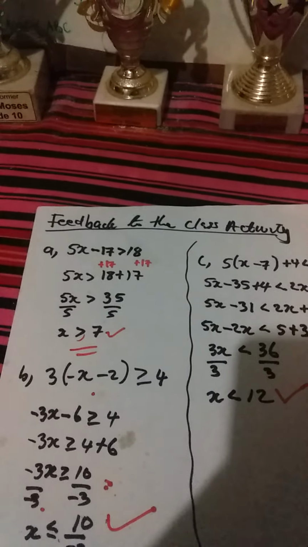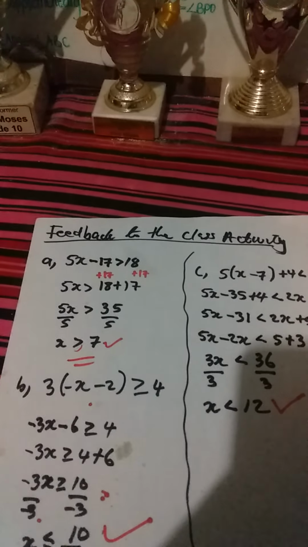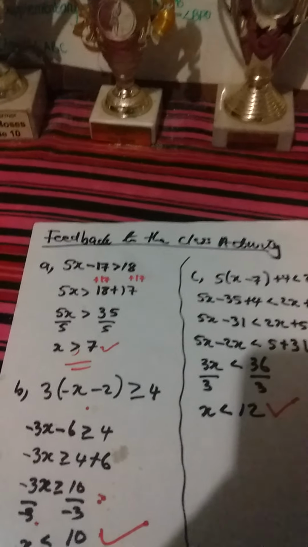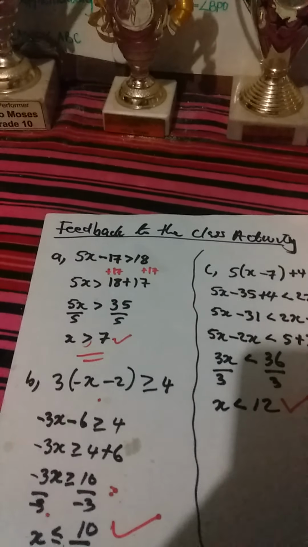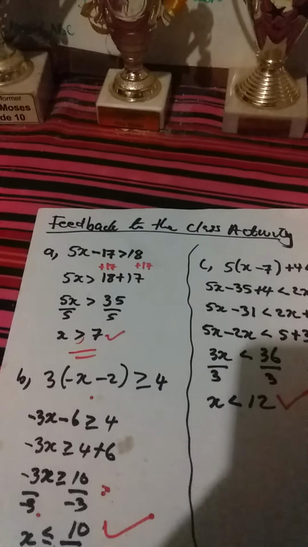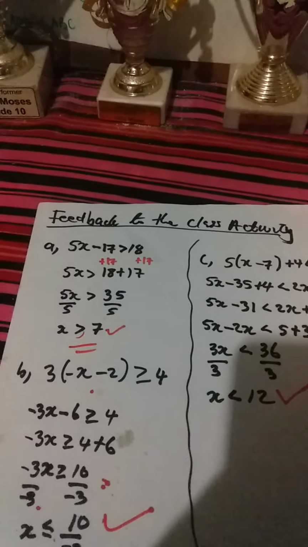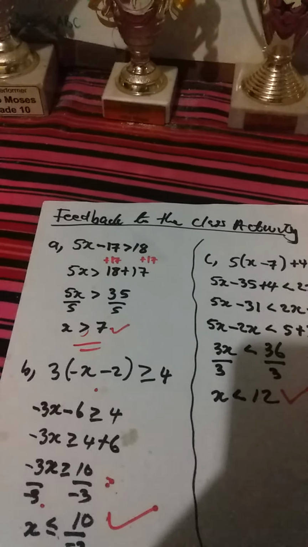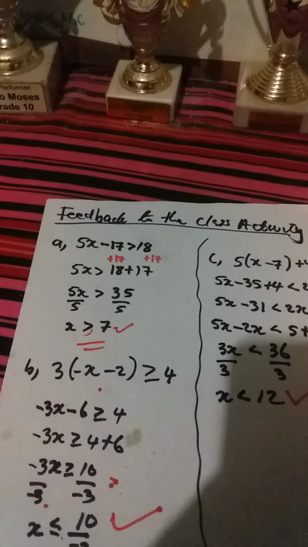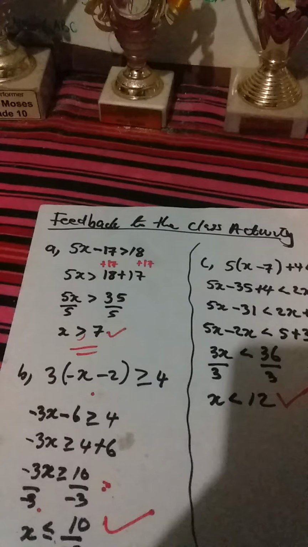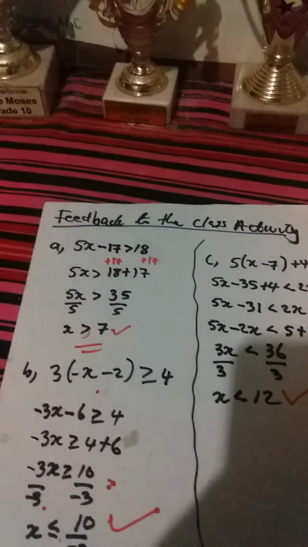And also, we should know that whenever we divide with a negative number on both sides of an inequality, we have to change the direction of the inequality sign, and do not make a mistake of changing the inequality sign to an equal sign. That would be wrong, very, very wrong. It will cost you marks.